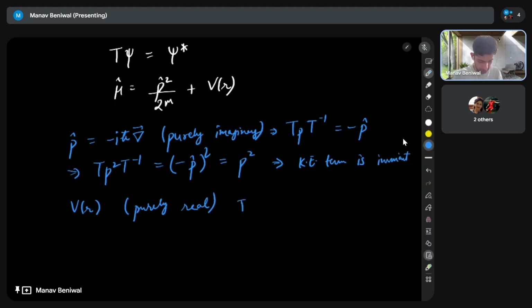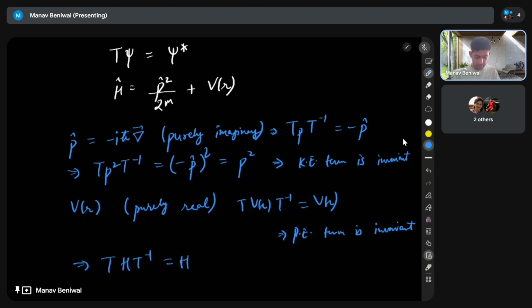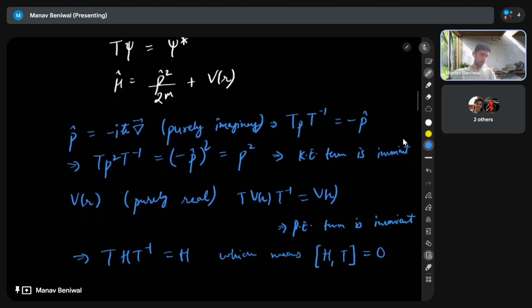Therefore T V of r T inverse will again give us V of r, which implies the potential energy term is also invariant. Therefore the entire Hamiltonian remains the same, which means H comma T is 0.